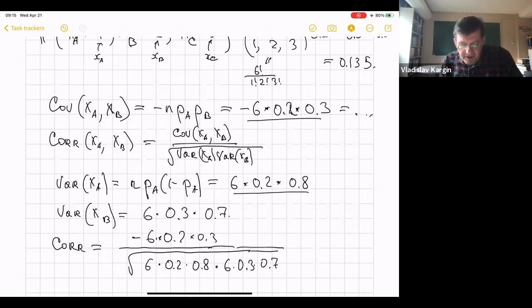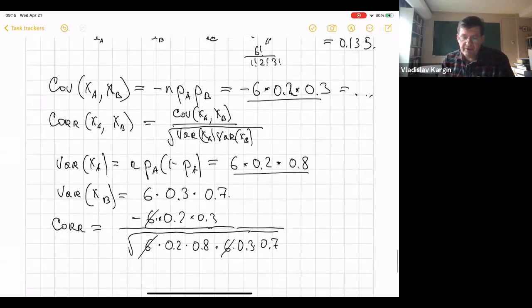You can see that the 6 actually cancels out here, so 6 doesn't matter. So you can figure out what this correlation is from this data. I would not calculate it here, but you can do it.